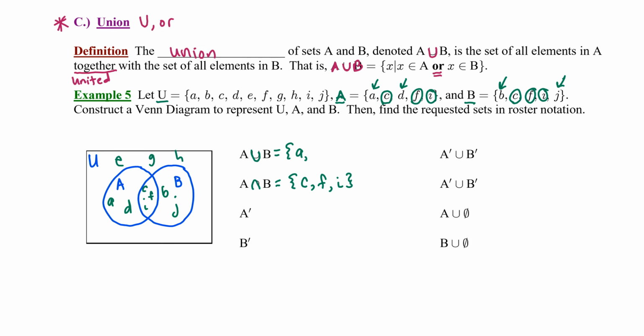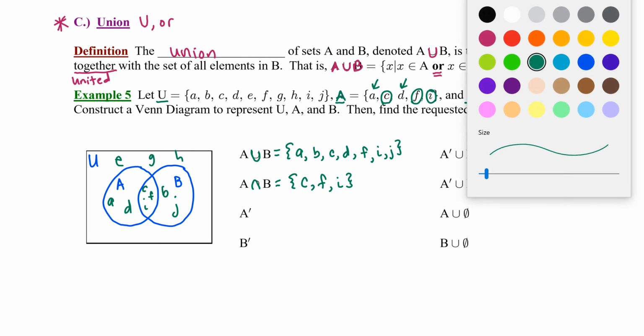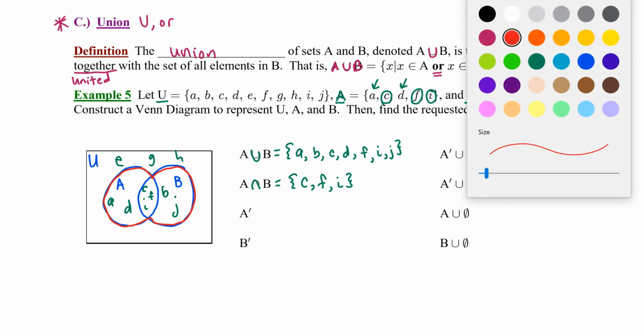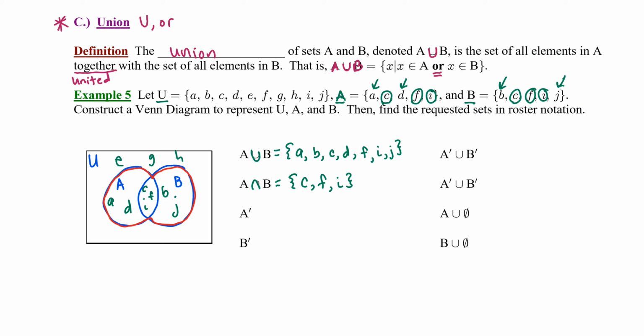So we have A, B, C, D, E doesn't count, F, G, H, I, and J. So to show you where I'm looking here, I'm taking everything inside circle A and B, uniting it together in one set.